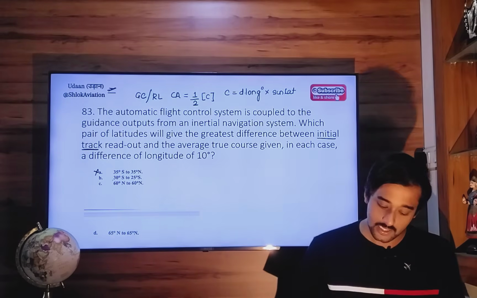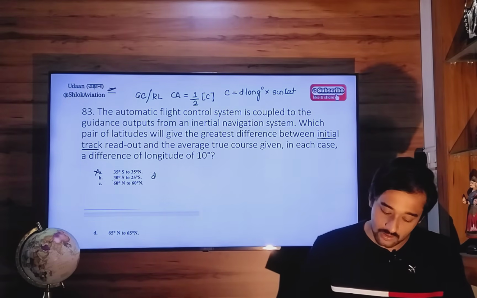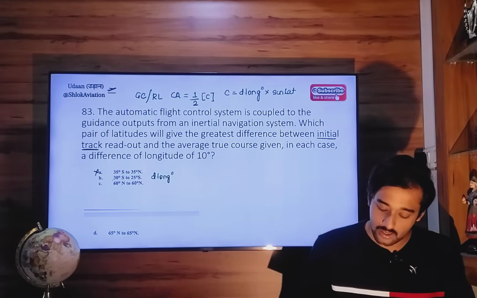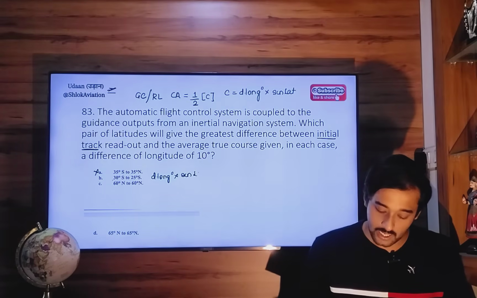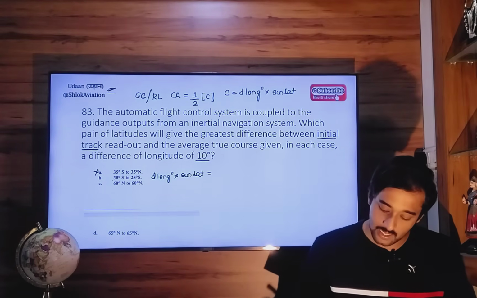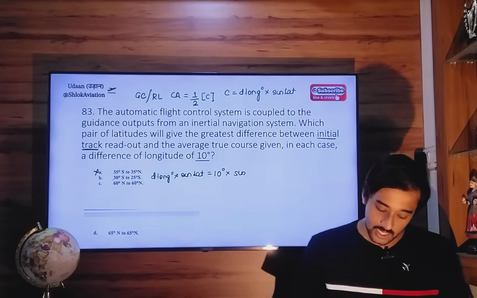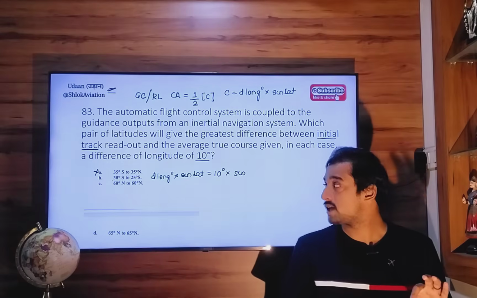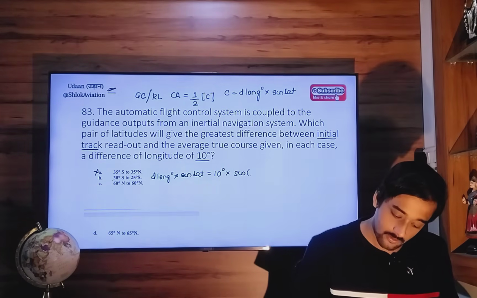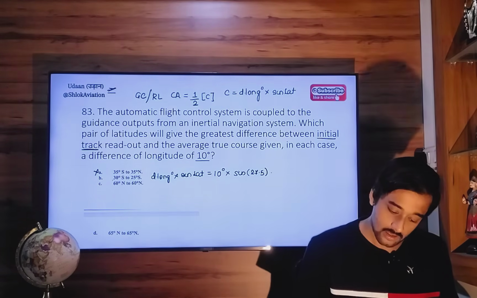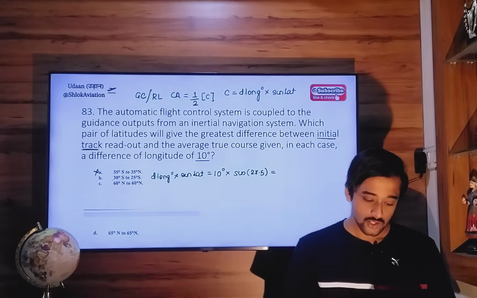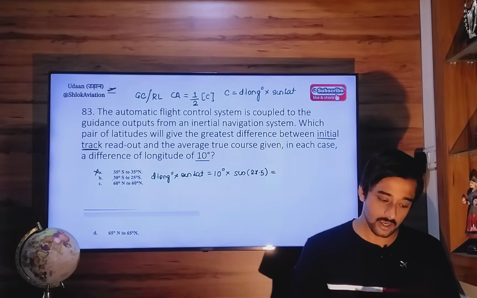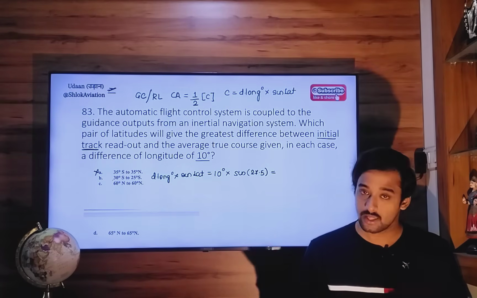30 south, 25 south. Okay. So d long, what is the formula? D long in degrees into sine of latitude, correct? Now d long is 10 degrees as given in the question, into sine of latitude. So for 30 and 25, the average is sine of 27.5. So sine 27.5 into 10 is 4 degrees 37 minutes.